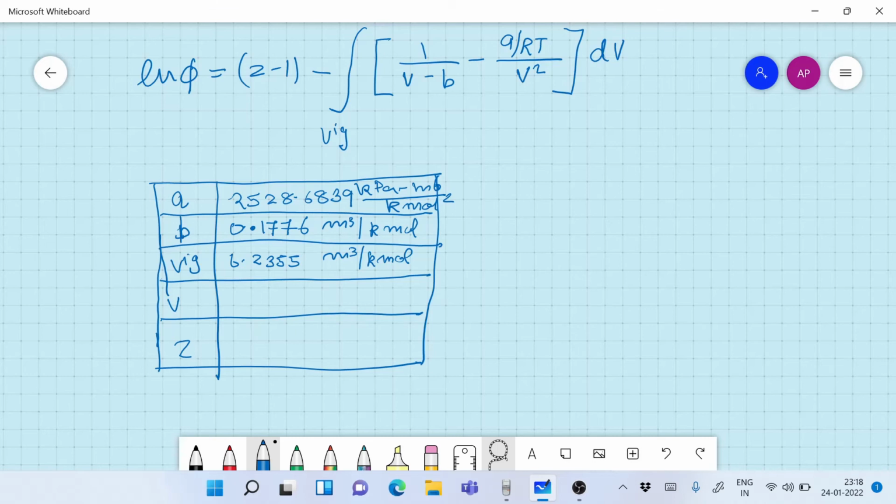So to calculate the value of V, let's write the van der Waals equation in numerical terms and put it in the calculator.